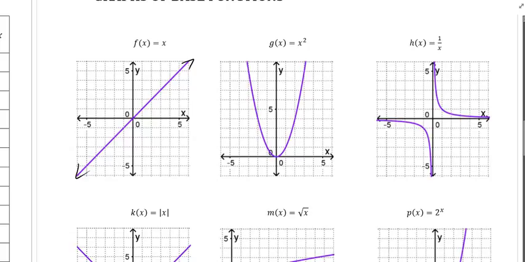Where's it going? It's going way up into quadrant 1. Sometimes we talk about quadrants when we talk about end behavior, but we're not going to do that today. What's this end doing? It's going way down, down to quadrant 3.